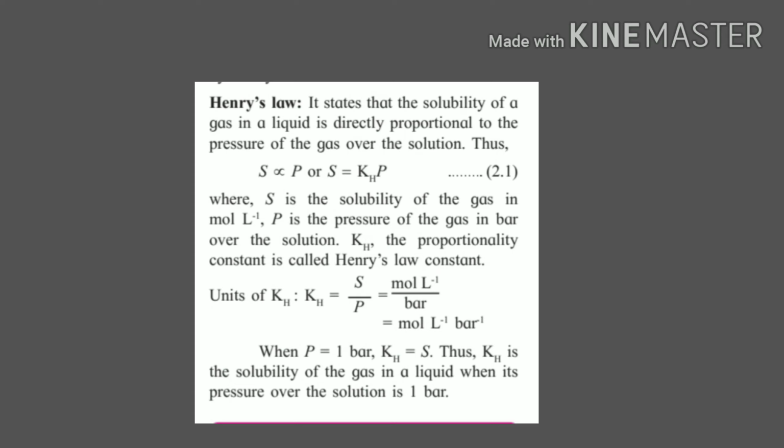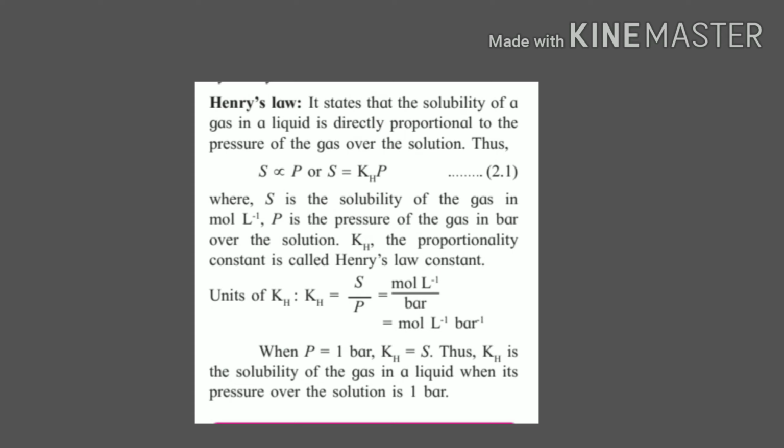Now S there is the solubility of the gas in mol L^-1. I told you solubility is measured in concentration terms, that is mol L^-1. P is the pressure and it is measured in bar. If you want to find the units of Henry's law constant, or the proportionality constant, you write it as S by P, where S stands for solubility and P is the pressure.